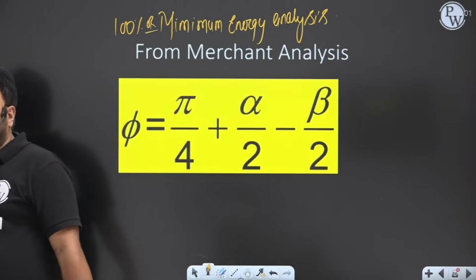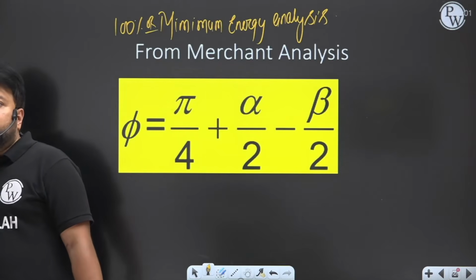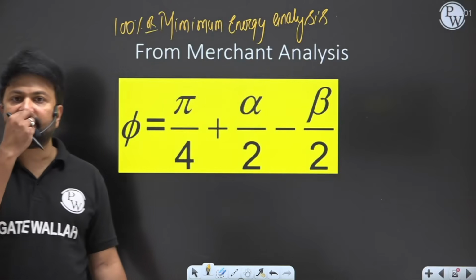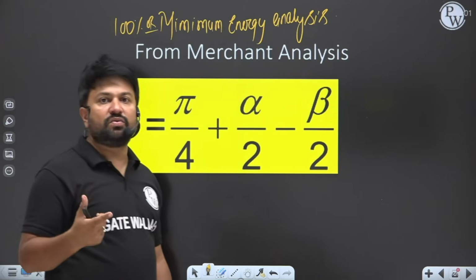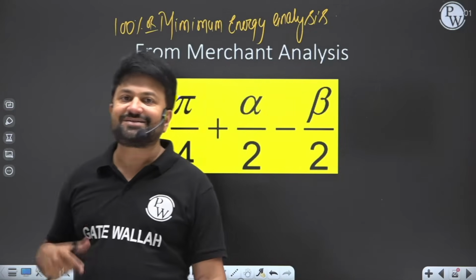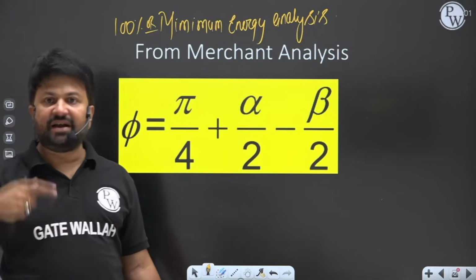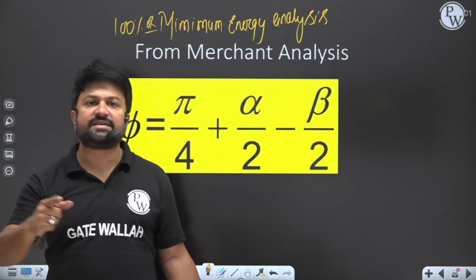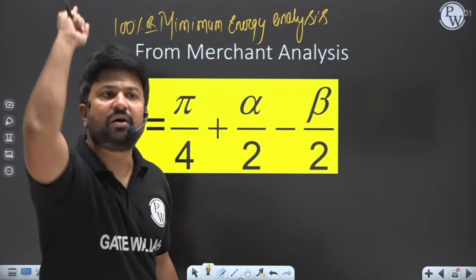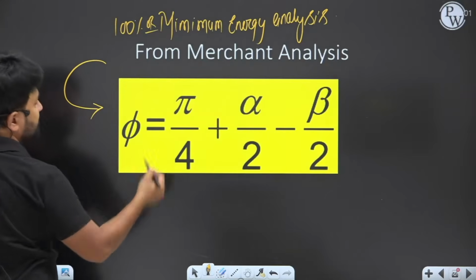Also, by varying the shear angle, we have ensured that the induced stress is equal to the ultimate shear stress. It is required to determine the optimum shear. So this is the optimum shear.